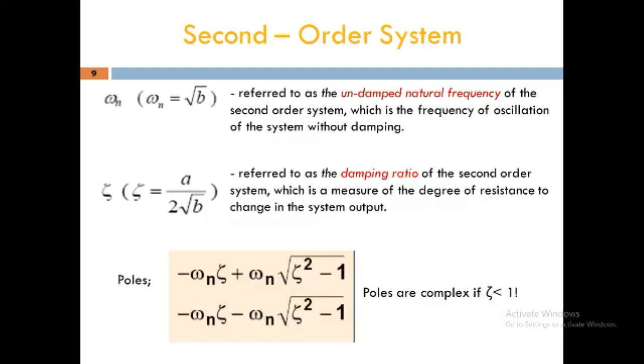Now here the poles, omega n sigma plus omega n under root of sigma square minus 1 and omega n sigma minus omega n under root of sigma square minus 1, are complex if the value of sigma is less than 1.